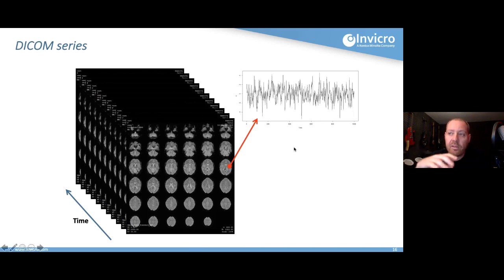A lot of the analysis methods that we use come from old school signal processing time series type analysis. So it's helpful to think about them as pictures, which they are, but also to think about them as data extended over time, if that makes sense.